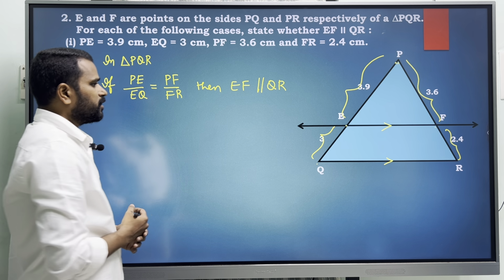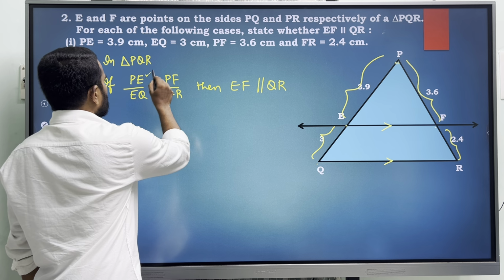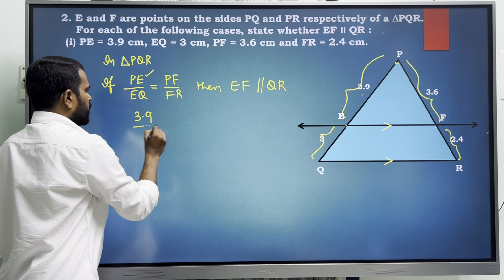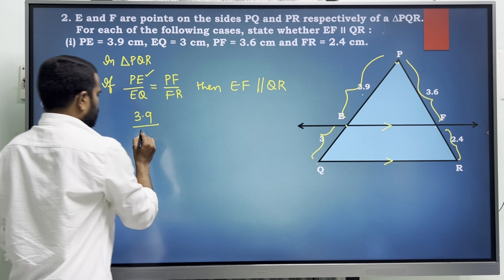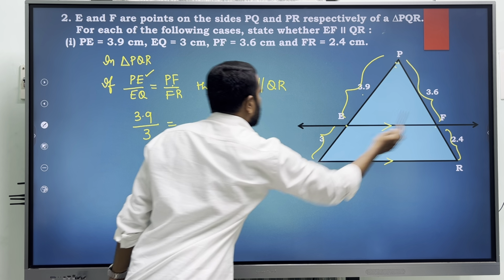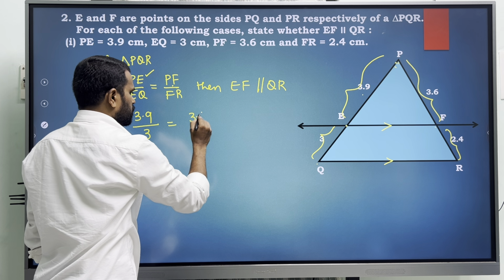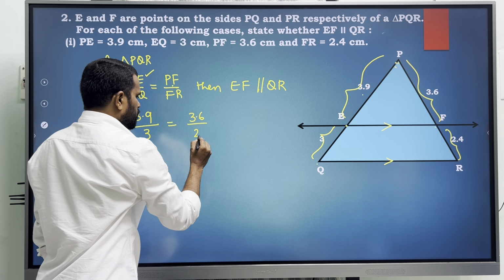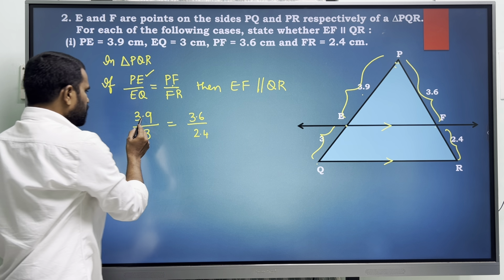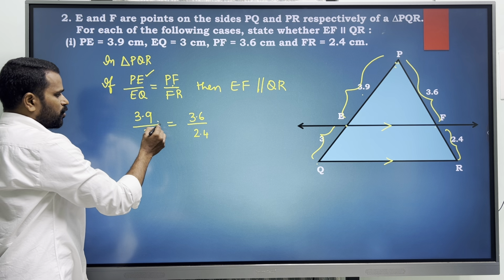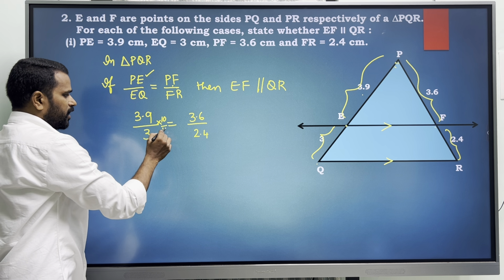Let us see here. PE is 3.9, EQ is 3, that is equal to PF 3.6 divided by FR 2.4. There is a decimal point and after it one digit, so we have to multiply and divide with 10.